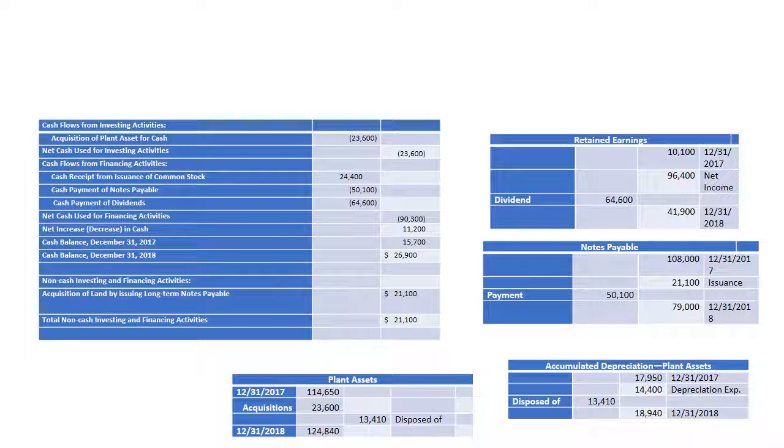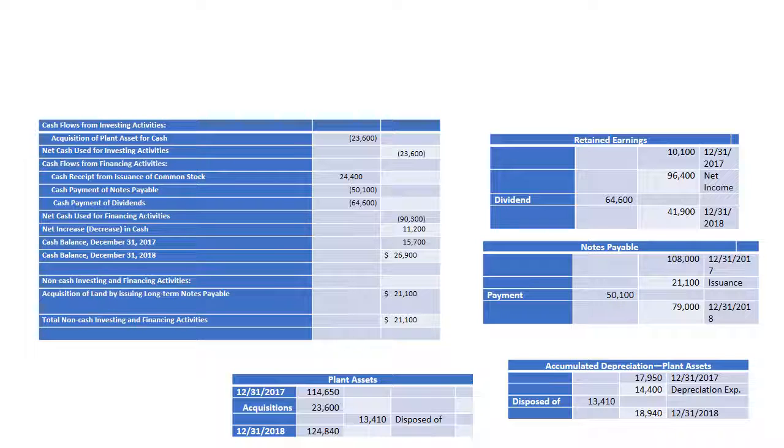So that means it decreased the retained earnings $64,600, which without any other information, the assumption is the decrease to retained earnings was due to dividend payment. So we decrease the financing activities cash flow $64,600 due to dividend payment.